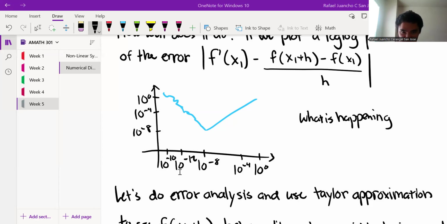Okay, let me go ahead and do this. So when h is large, the error behaves like O of h. This was a very big number. Let's say like 1 to 1,000, I don't know. h was a very big number.